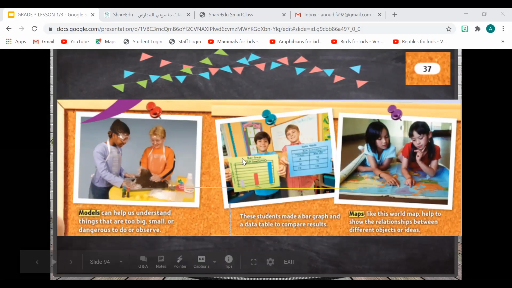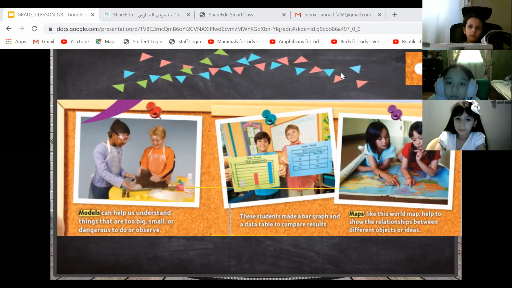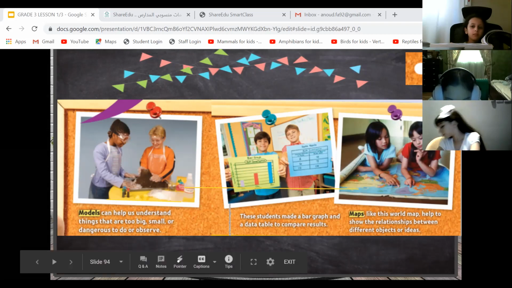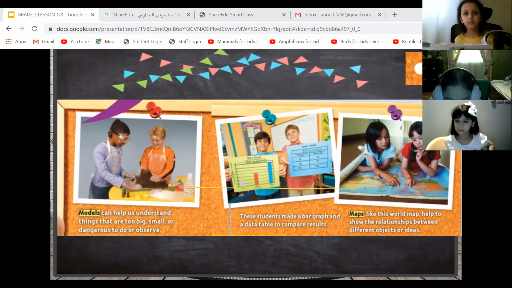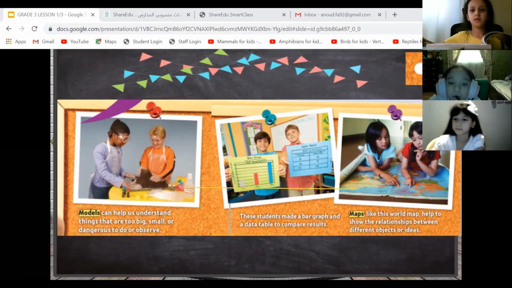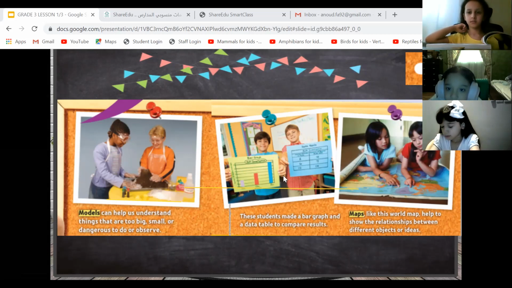If it has lines, what would I call it? Who knows? This one is called a bar graph because it has bars. What if I have lines instead of bars? What would I call it, Dana? Can you try? This is a bar graph because it has bars. What if instead of these bars, I put lines?